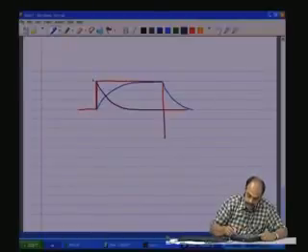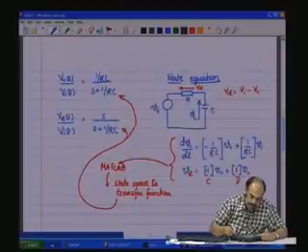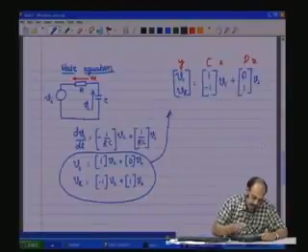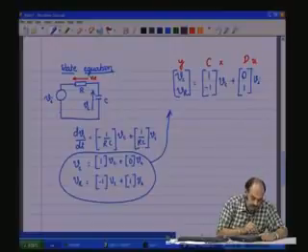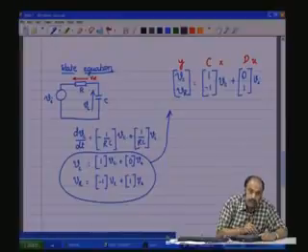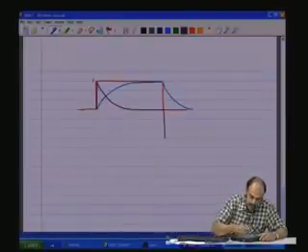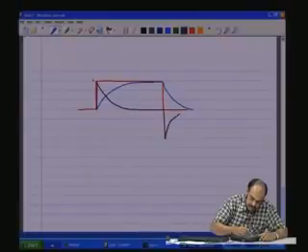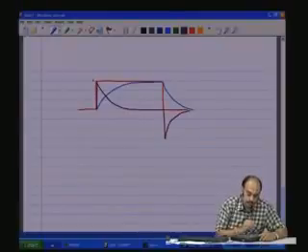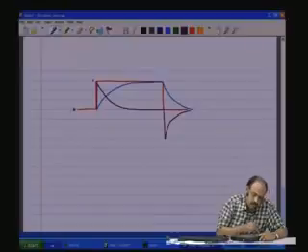The reason being, if you look at the circuit here, the moment the input voltage is made 0, there is a charge here. This will pump a reverse current through R and the voltage across R becomes instantaneously negative. So, that is what we are seeing, it becomes instantaneously negative, and then as the charge decays, it will decay to 0. So, this is the 0 value.